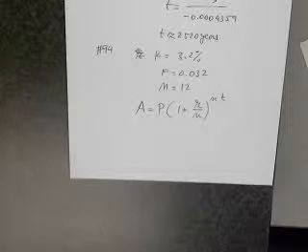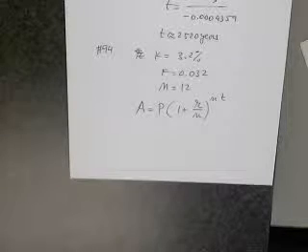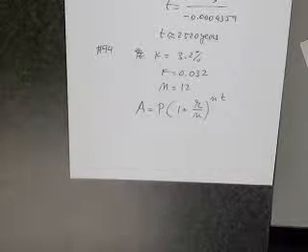Find the annual percentage yield for an investment that earns 8% per year compounded monthly. Annual percentage yield for an investment, okay.